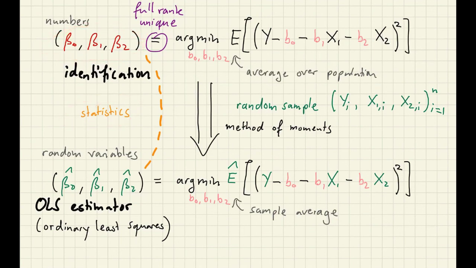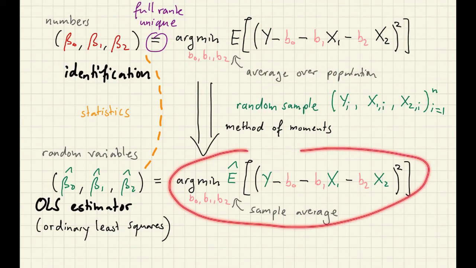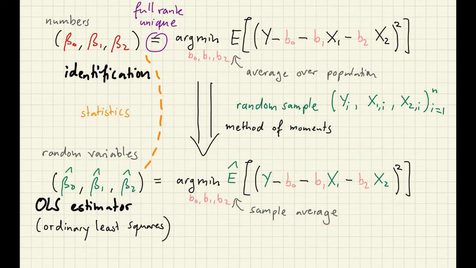We apply the method of moments and derive an estimator that is called the OLS estimator. The OLS estimator gives us a recipe for computing estimates on every possible sample. These estimates are supposed to recover our parameters of interest.